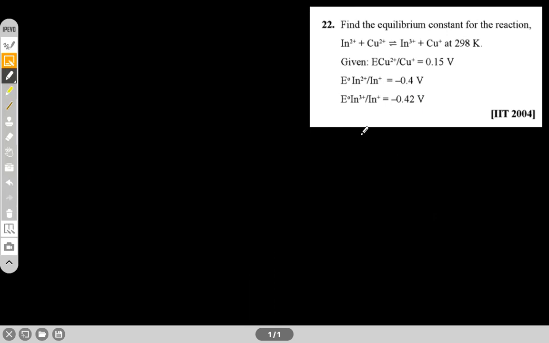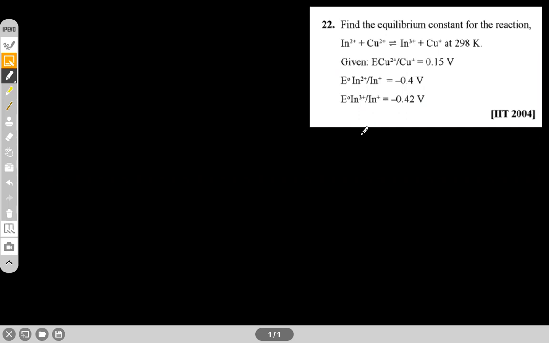The data given is the reduction potential of Cu2+ to Cu, Cu2+ to Cu+, In+ to In2+, and In3+ to In+.